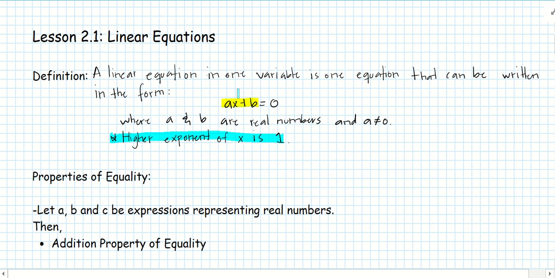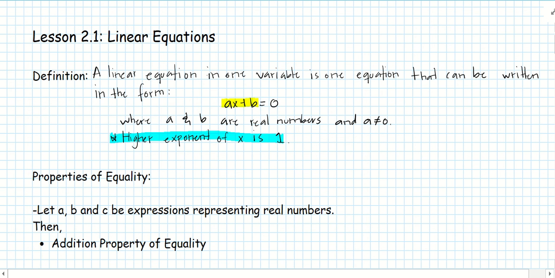Remember, whenever 1 is the exponent, it's invisible, so we don't really see it. So we're never going to have x to the second power or x to the third power if we are talking about linear equations. So that's the definition of a linear equation, and the way that we can identify this equation as linear is by noticing that x has an exponent of 1.